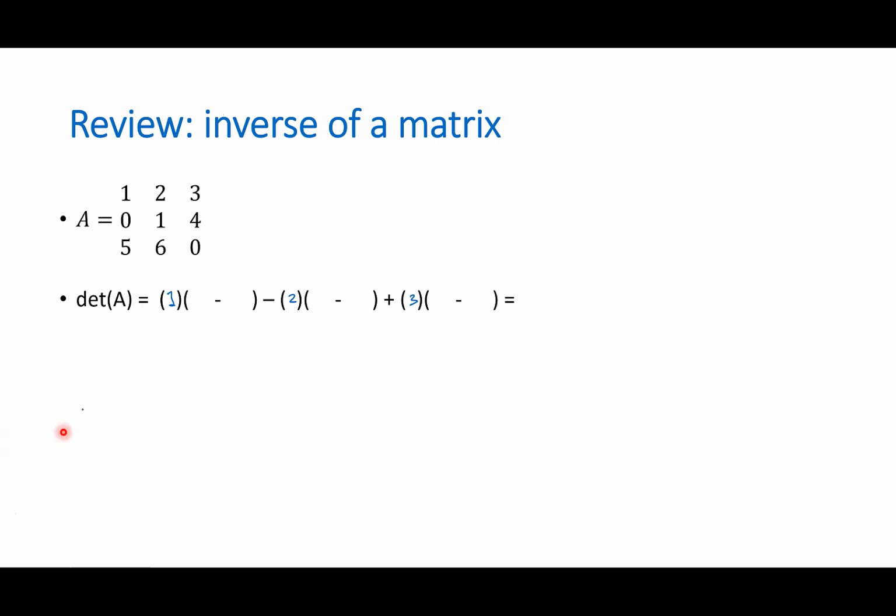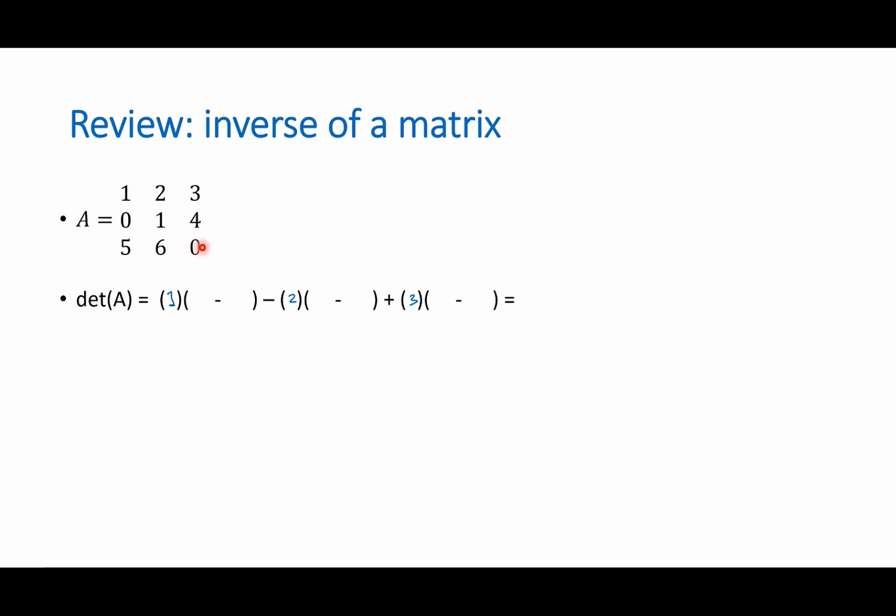Now I cover each element that I'm working with. I cover its respective row and column. So row and column of 1. I ignore these two. If I ignore these two, I have a 2 by 2 matrix, right? And I write the determinant of this.